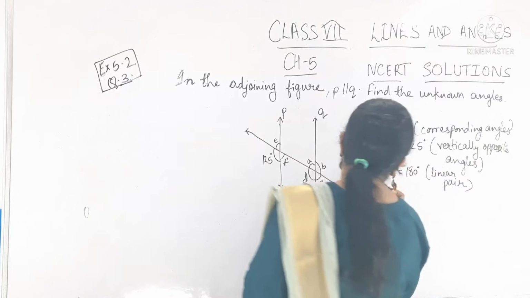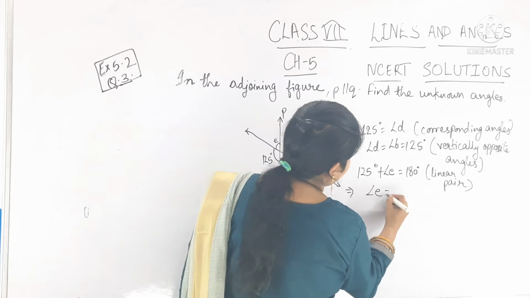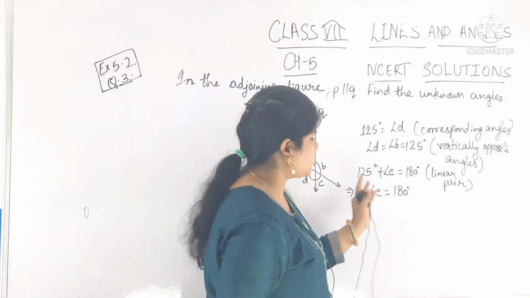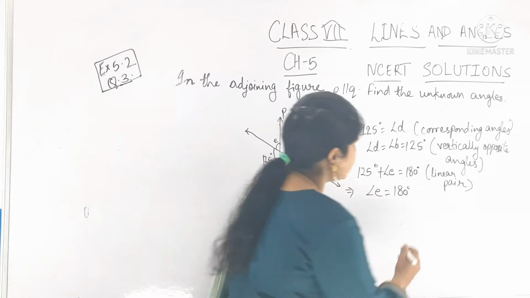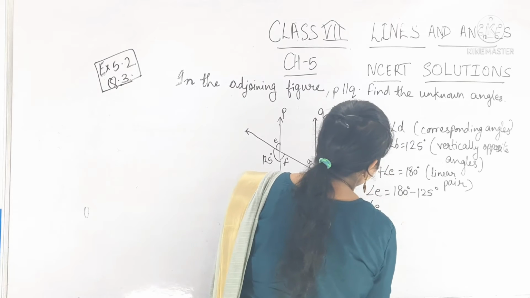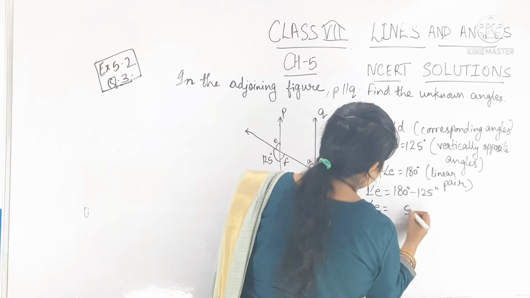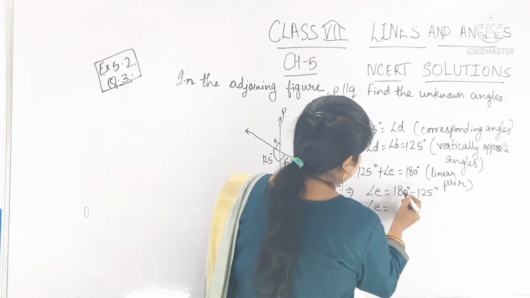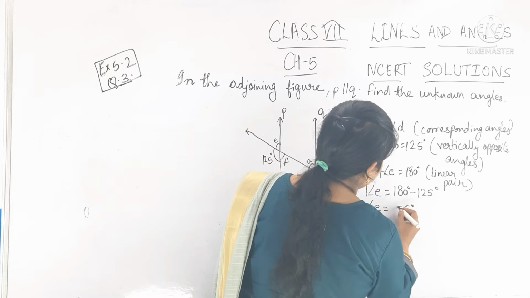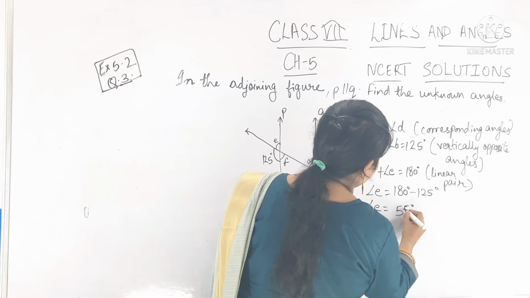Okay, so we can solve here for angle E. This 125 degree will go to the RHS, which means the plus sign becomes minus. So angle E is equal to 180 minus 125 degree, that is 55 degree.